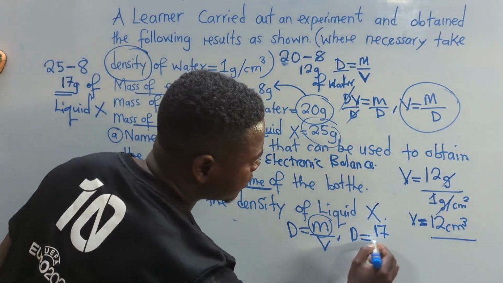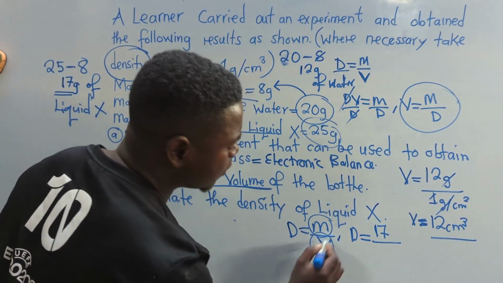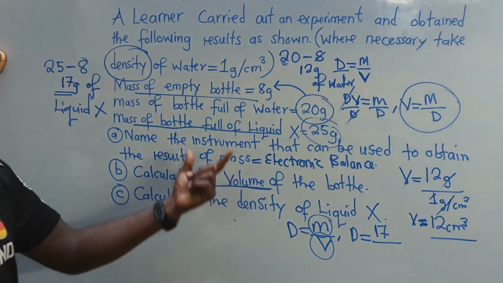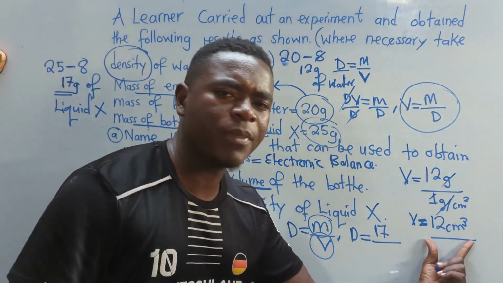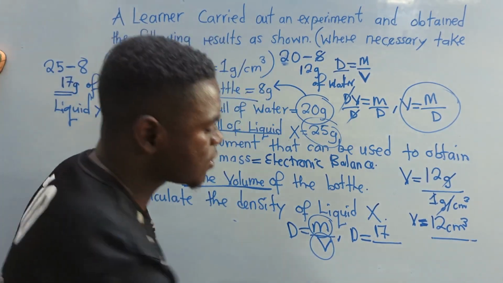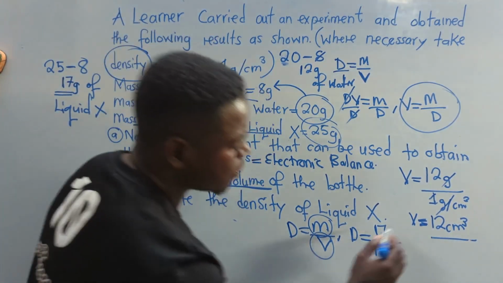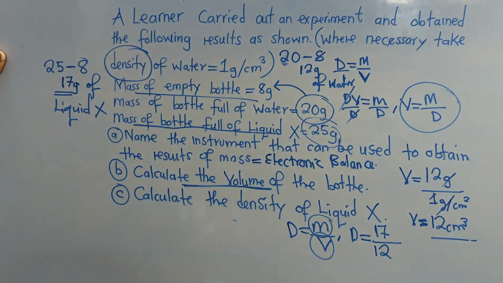This is 17 over what is the volume? Since we are talking about the liquid X and water, we just get the same volume that we had calculated at first. So that is 12. So when we divide there, what answer are we going to get?